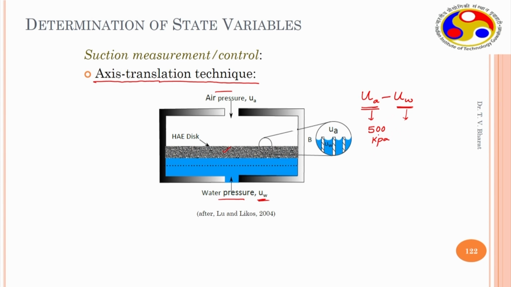A suction of 500 kilopascal could be applied without causing any vaporization, without causing any cavitation. That is the principle here. It is used when the water level is up to here. So, the air entry disc is completely saturated and these are the pores that are formed, and the curvature indicates the pressure drop across the air water interface.